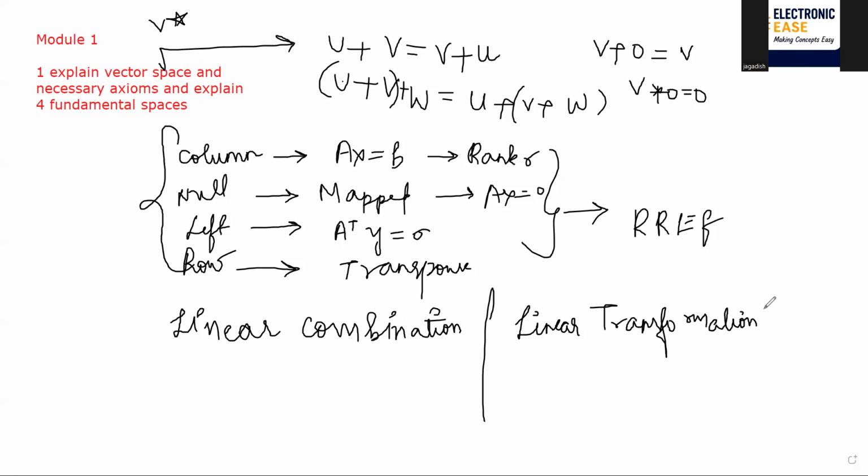In the linear combination, they will give you one vector, students, say ABC, and they will ask you to represent it as a linear combination of three other vectors, which will also be given.